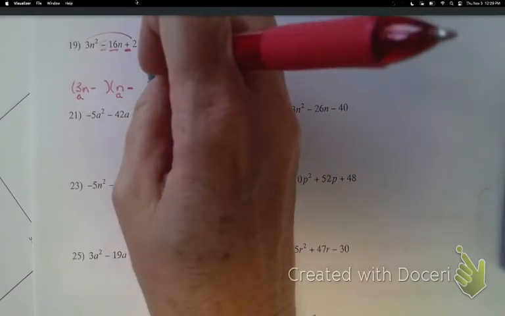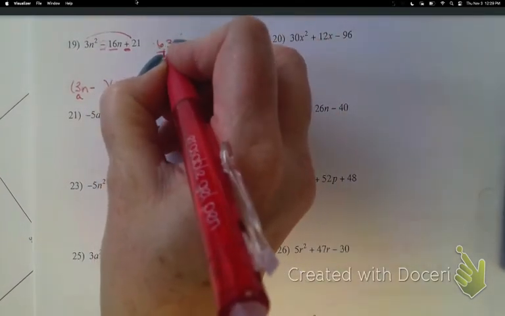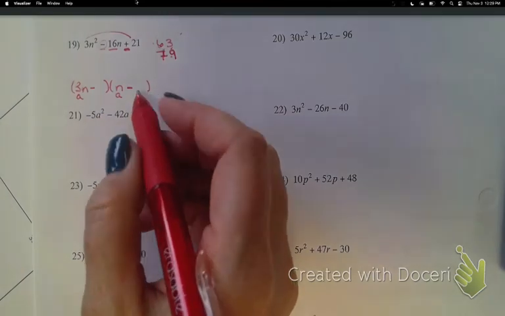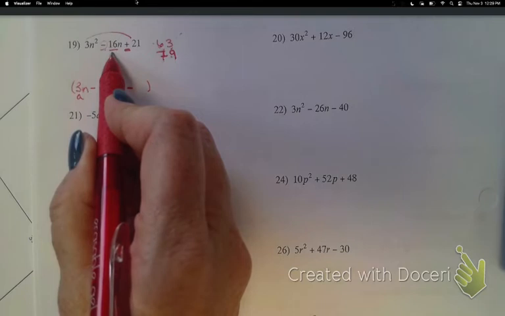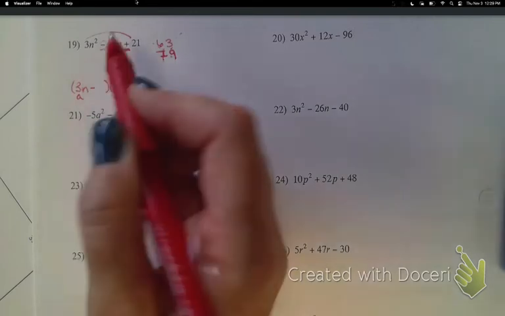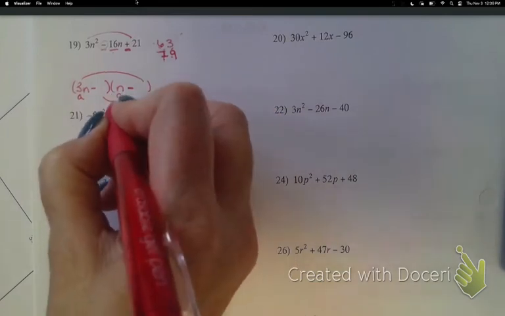Now that we know there's 7 and 9, and I wrote them there for a reason, because they do not go right into here. I need 7 and 9 to give me 16, yes? Do you remember how I multiplied to get the middle number? It was this outside combined with the inside.